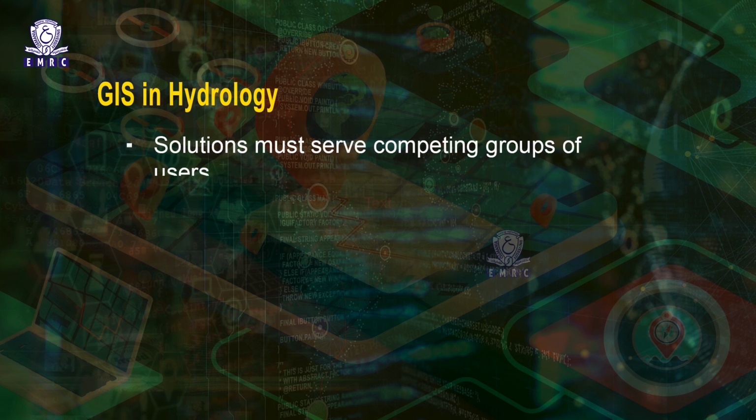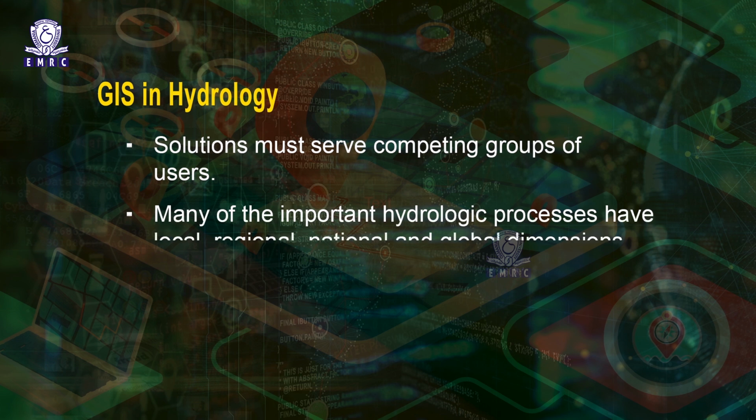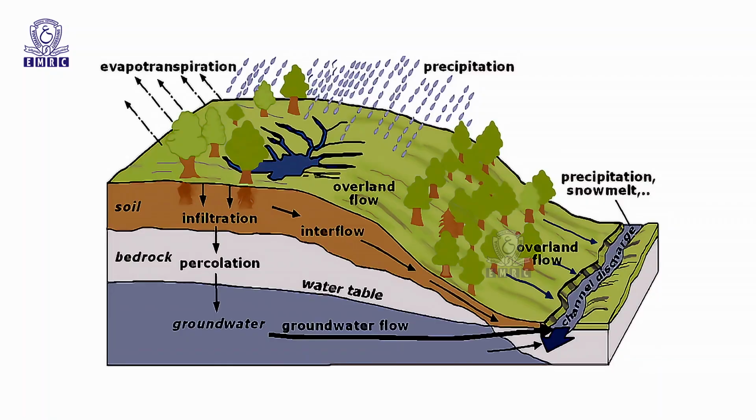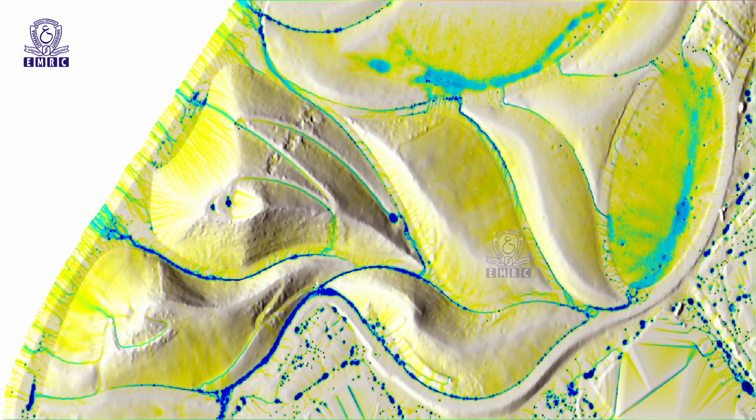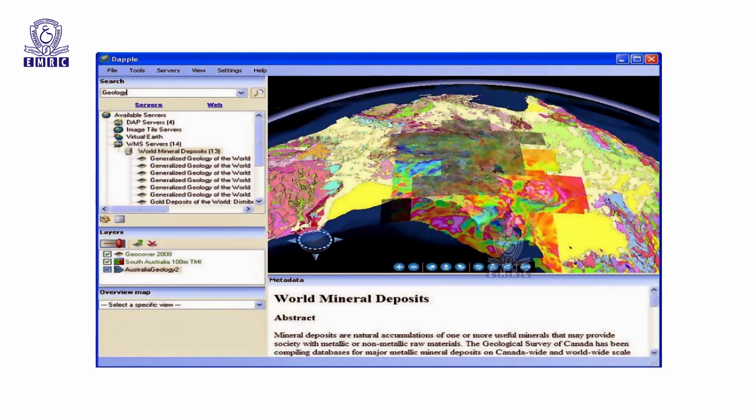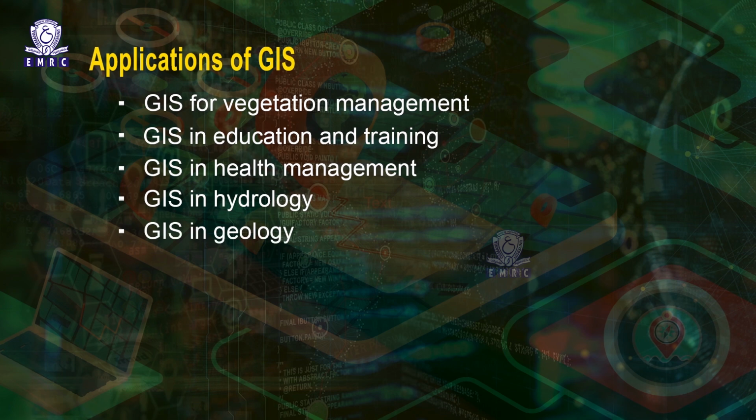Solutions must serve competing groups of users. Many of the important hydrological processes have local, regional, national and global dimensions. GIS technology allows for swift organization, quantification and interpretation of large quantities of geohydrological data with computer accuracy and minimal risk of human error.